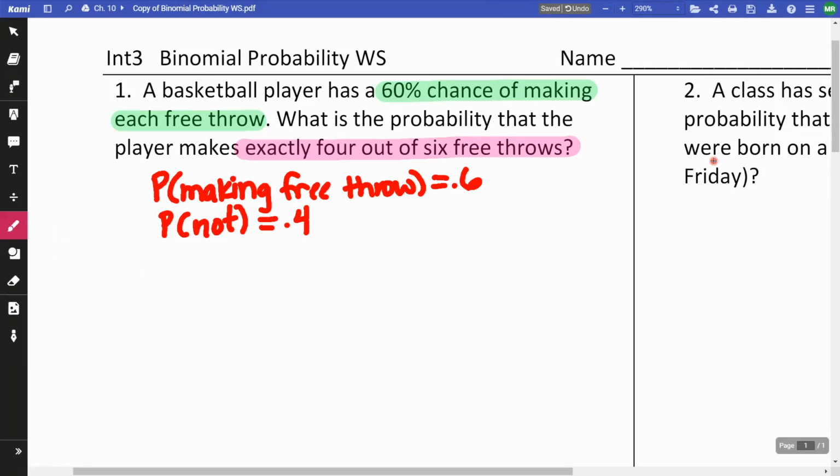Now, in this situation, we have exactly 4 out of 6. So it's 6 trials. So we're going to go 6 choose 4 times our success to the power 4 and our failures to the power 2. Our success in this case is 0.6, making a free throw, and not making a free throw is our failure, which is 0.4. And I'm going to put this into a calculator. I'm going to be using Desmos.